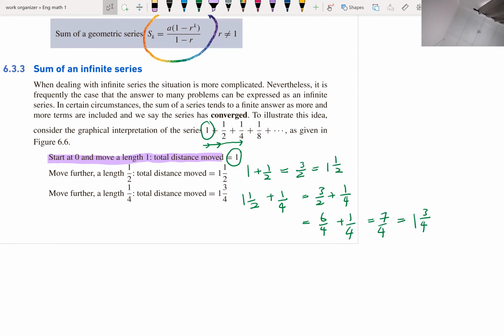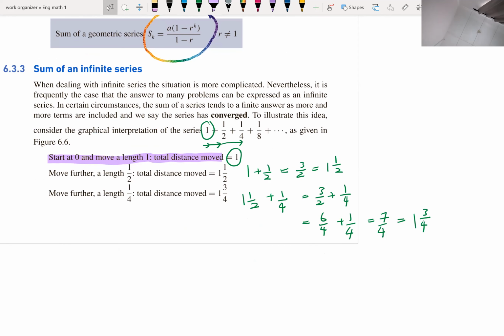So this is the sequence of partial sums: 1, 2, 3, 4, 5, maybe until 5. Until here the sums. This is what we call the sequence of partial sums.